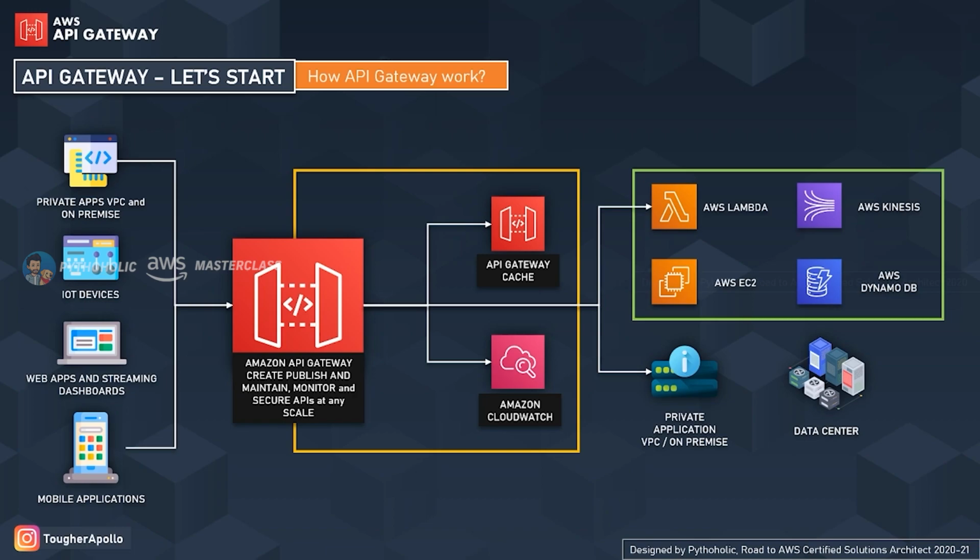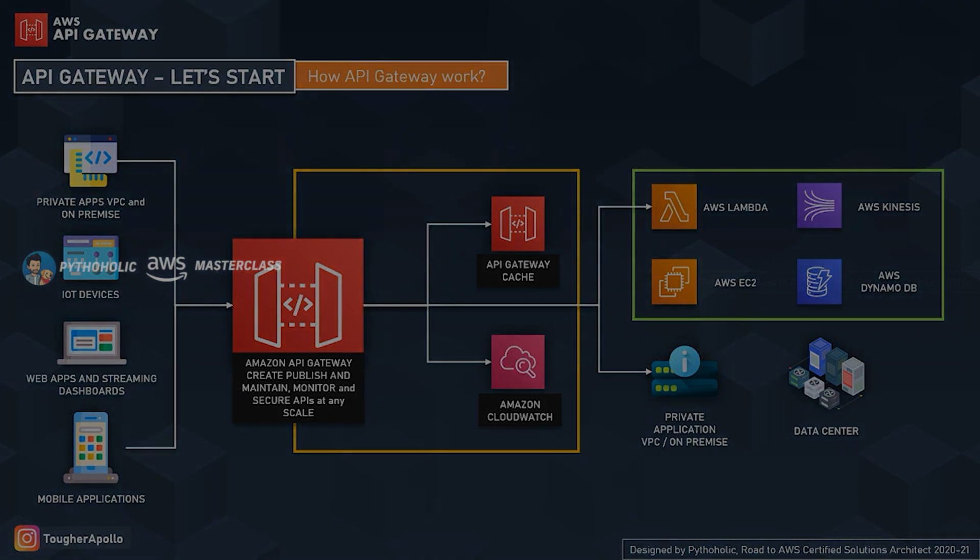Wouldn't that be great? So before moving on, I want to tell you once again that think of API gateways as a simple front door for the applications to access data, business logic, or functionality from your backend services, which can be at EC2 or Lambda or any other web application.